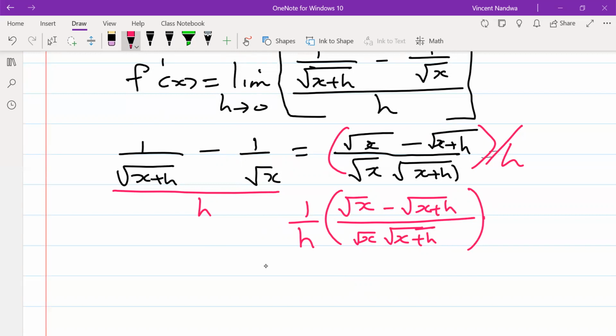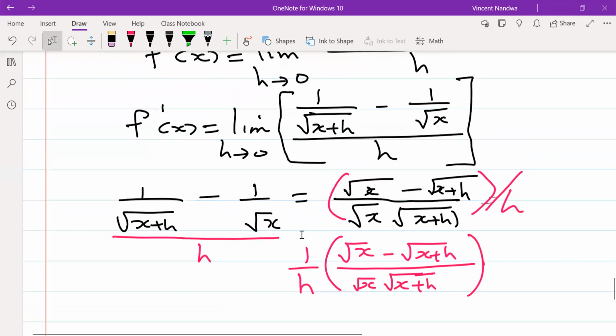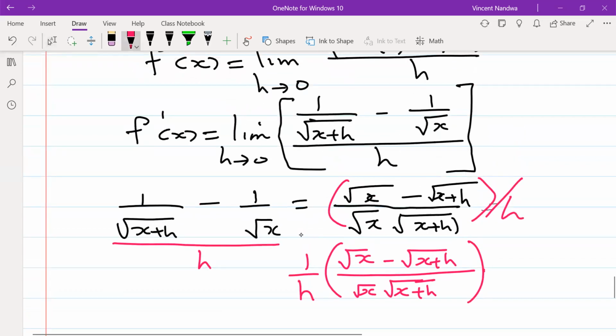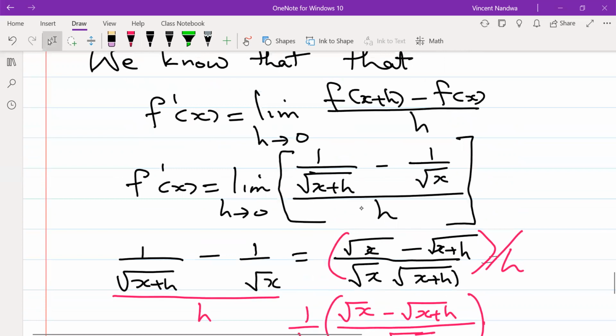Now, another way, we can rationalize the numerator. Okay? We can rationalize the numerator here. Or maybe even at this stage here, where we have f of x plus h minus f of x.